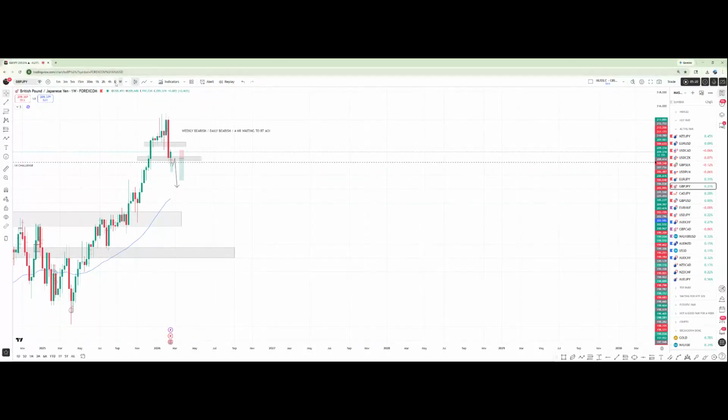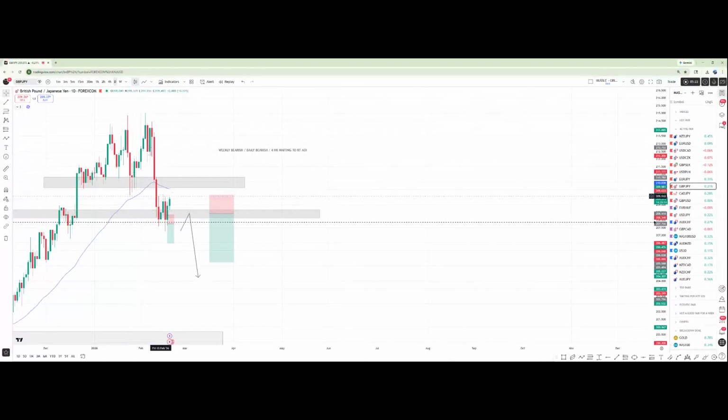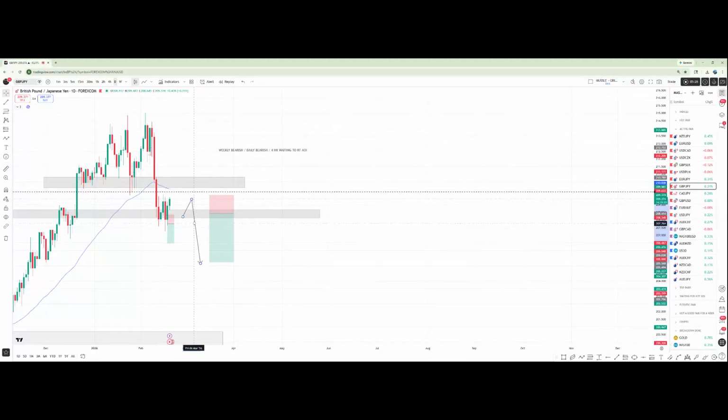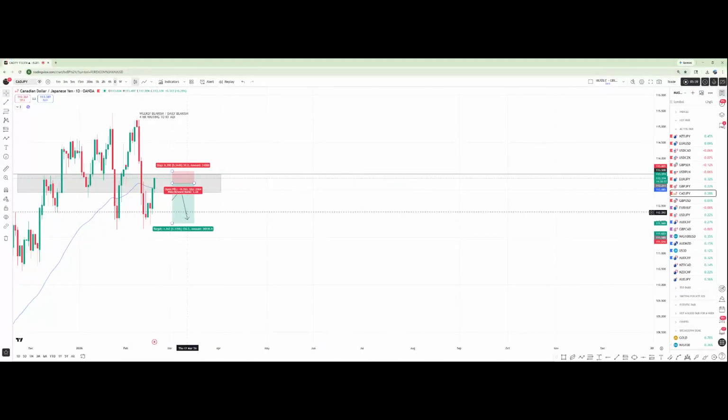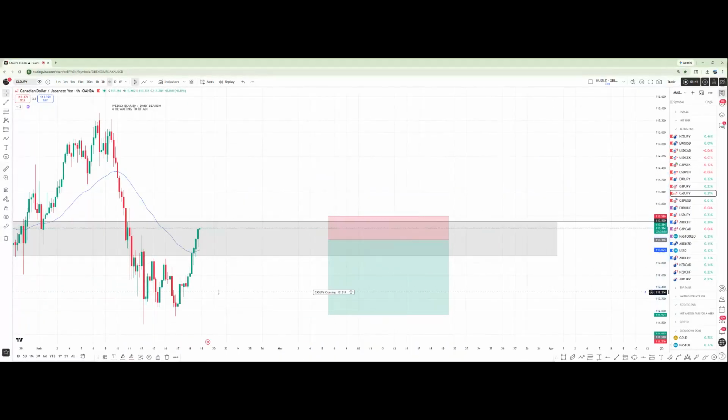GJ, same thing. I need this retesting, just like that. CAD JPY, same thing as well. I need a daily rejection. 4 hour, I need a shift of structure. Same, I mean, just like this.